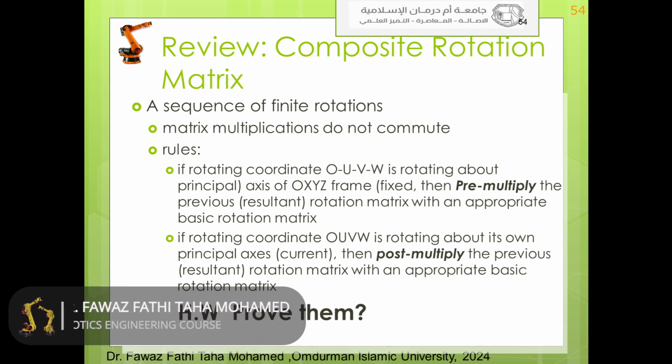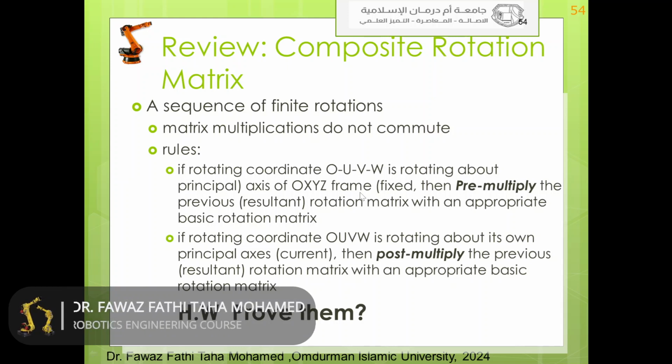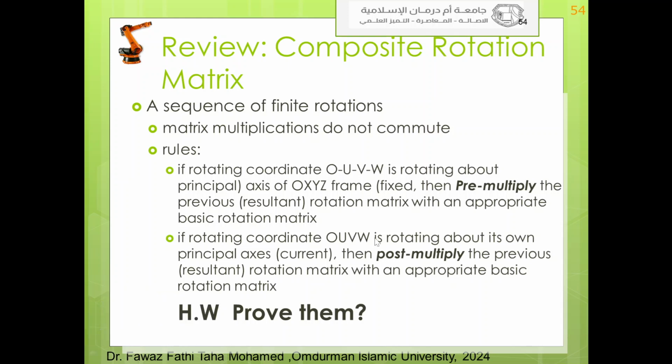So firstly, let me make a review of the composite rotation matrix and give you a solution for the previous homework of how to prove the pre-multiplication case for the compound rotation matrix, around the current rotation matrix and also about the fixed rotation matrix.